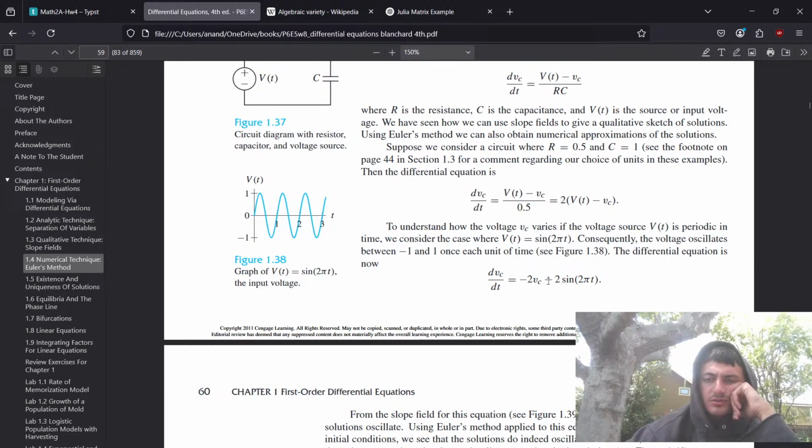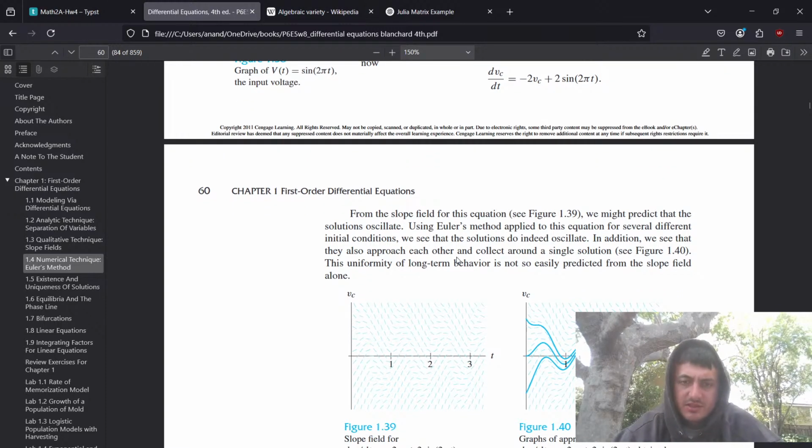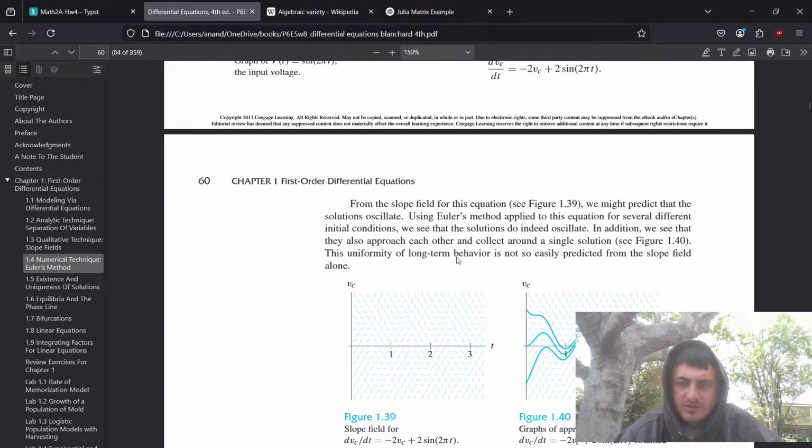Yeah. So that's pretty obvious. From the slope field of this equation, we might predict that the solutions oscillate. Using Euler's method applied to this equation for several different initial conditions, we can see that the solutions do indeed oscillate. In addition, we see that they also approach each other and collect around a single solution. It's pretty cool.